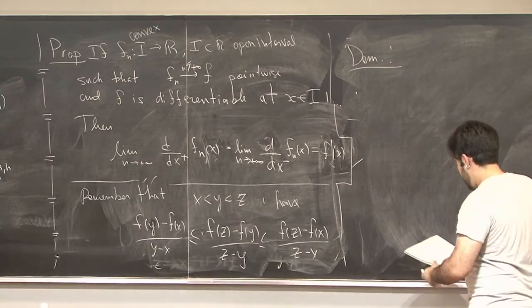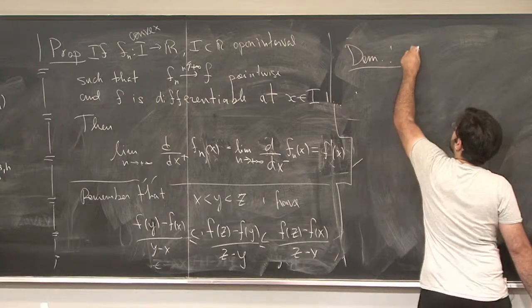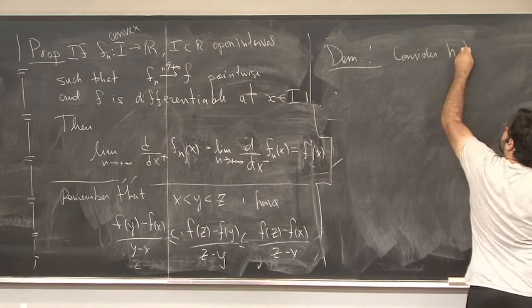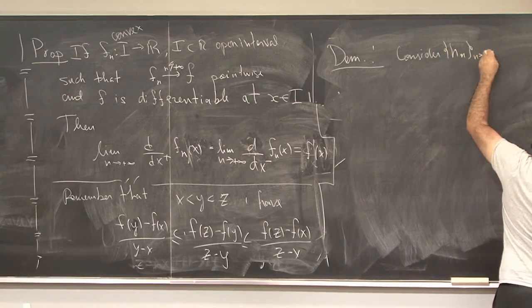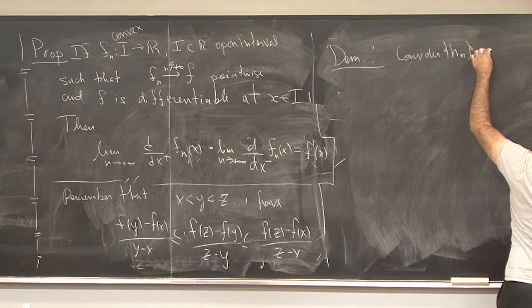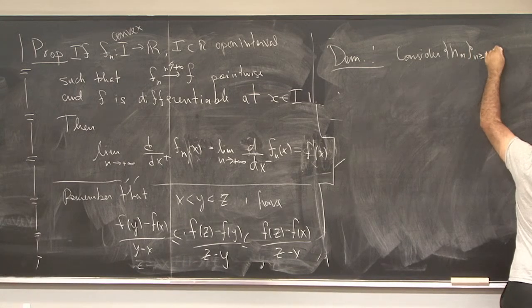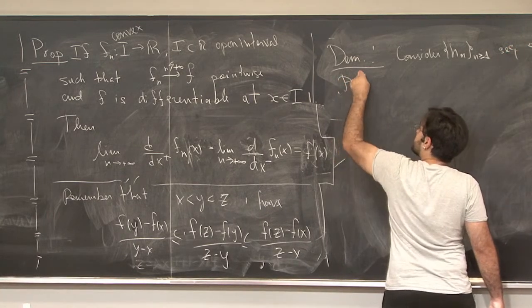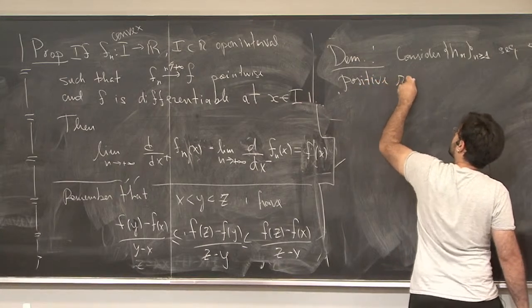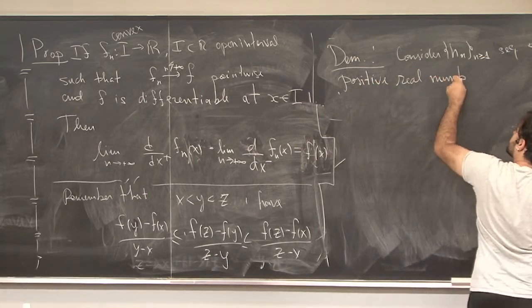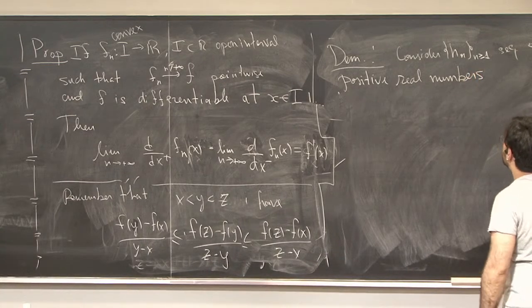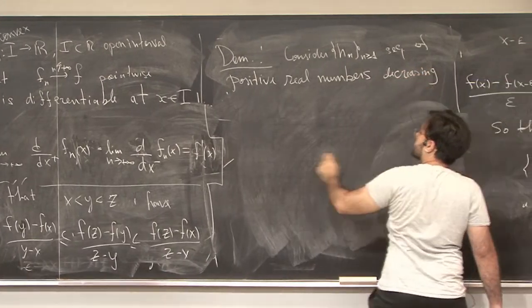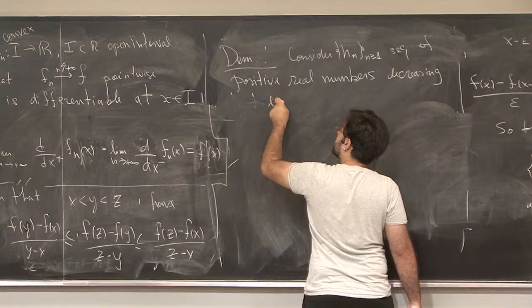So what we do is that again consider hn, a sequence of positive real numbers, decreasing and converging to 0.